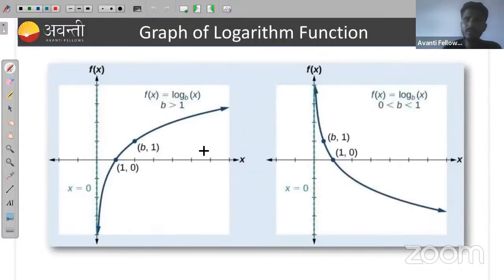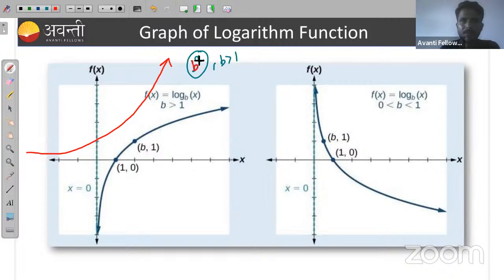So for the graph, there will be two different graphs, as in the case of the exponential function, we saw two different graphs, right? Yes or no? If b, let's say b to the power x का graph कैसे होगा? b अगर greater than 1, how will it look? It will look like this, right? ऐसे जा जाएगा. Yes or no?